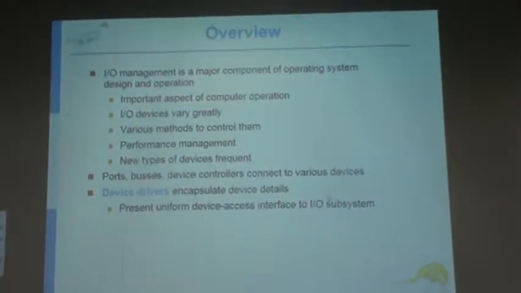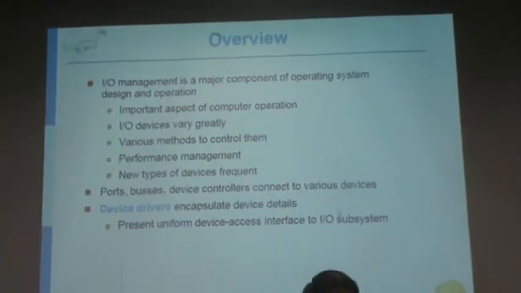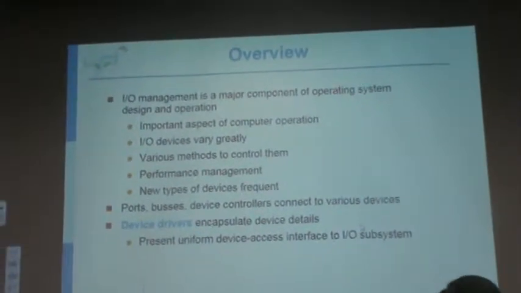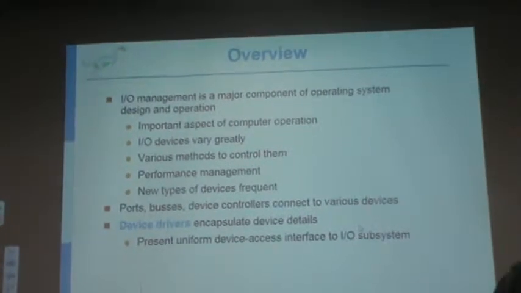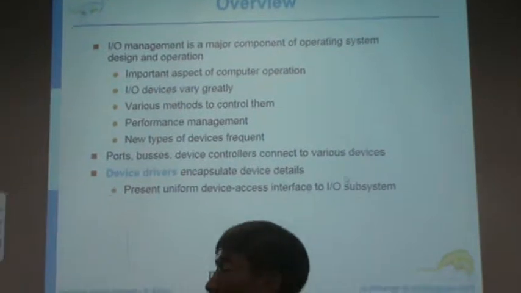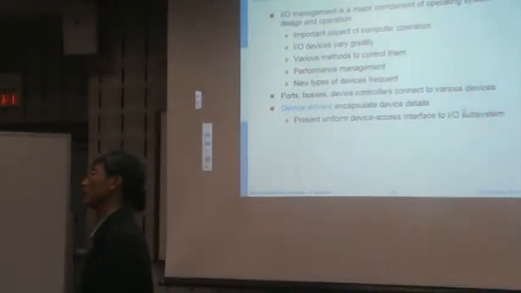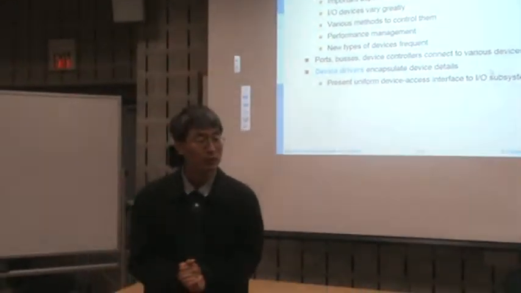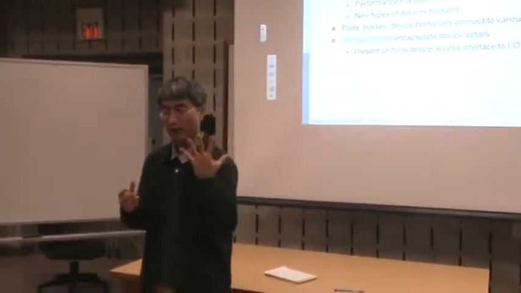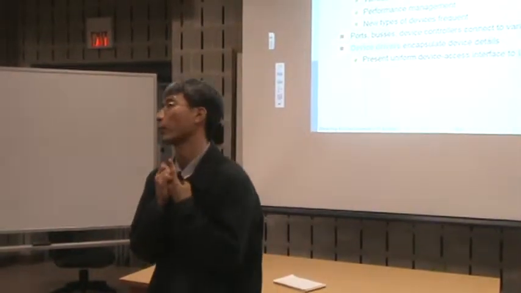Okay. Another reason why I/O management is important in a computer system is that input and output is much slower than the CPU's computing. I said there are two main operations: one is computation, another is I/O operation.